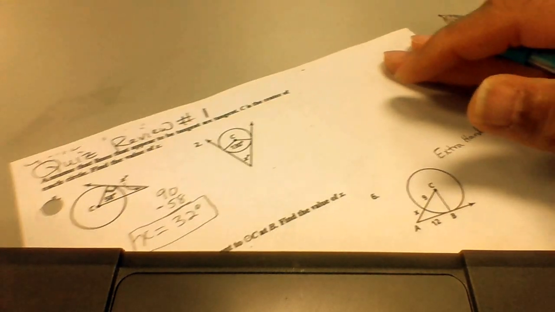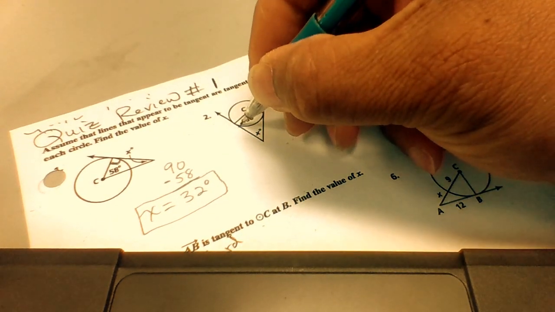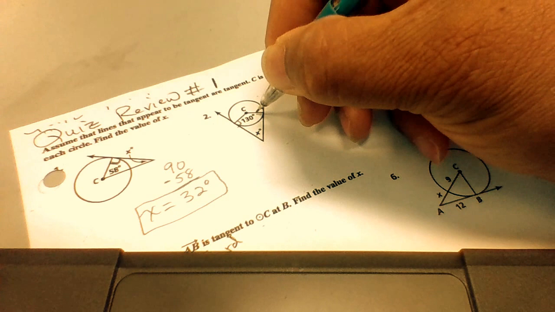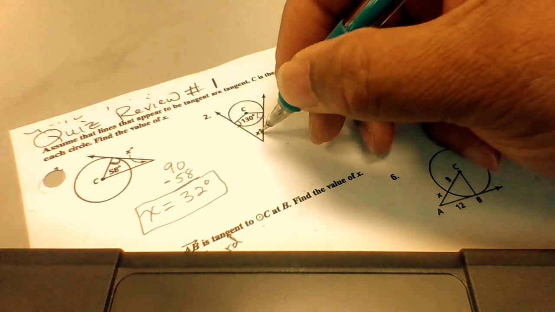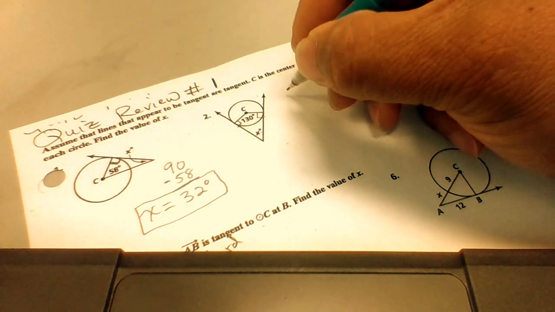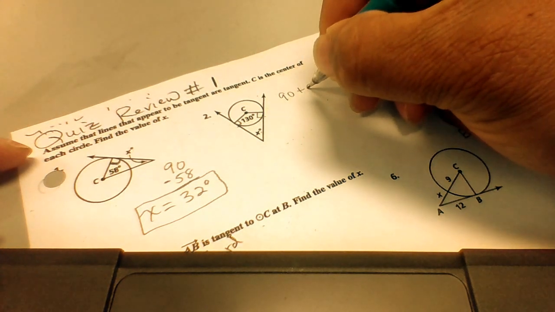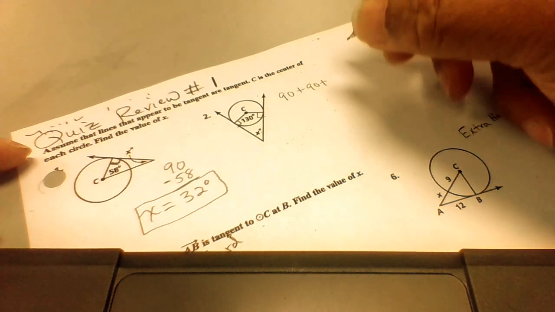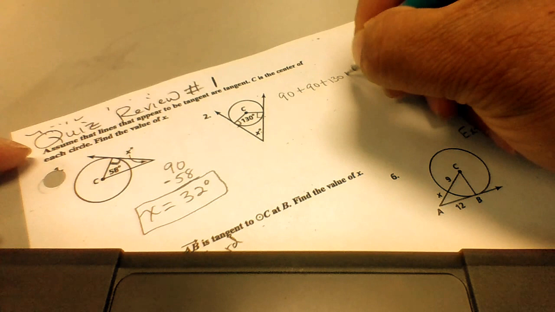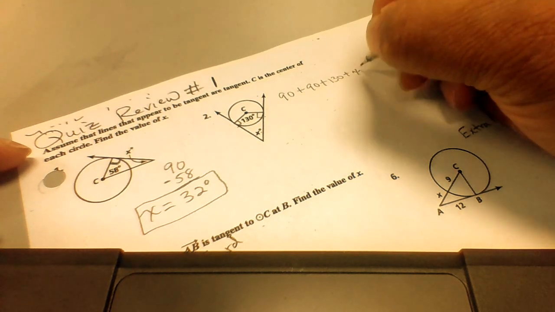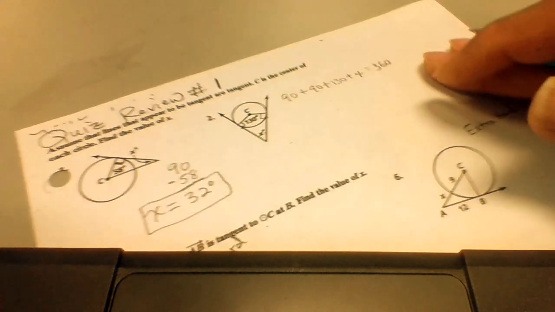you have a radius and a tangent come together. So this is 90 degrees. You have another one on the other side, so that's 90 degrees, and you're still looking for this angle. So 90 plus 90 plus 130 plus X is going to equal 360 degrees.